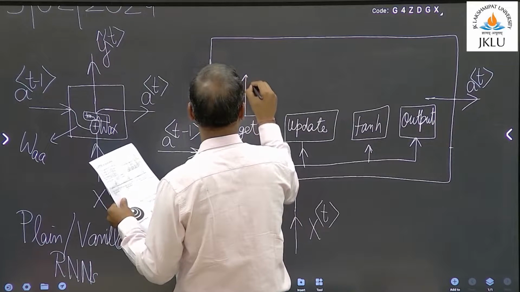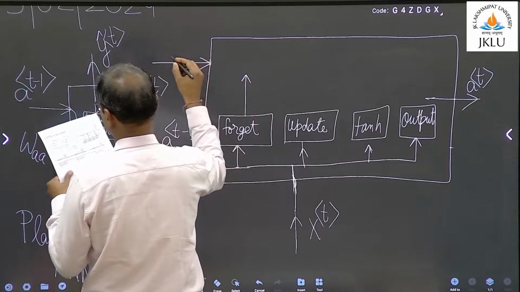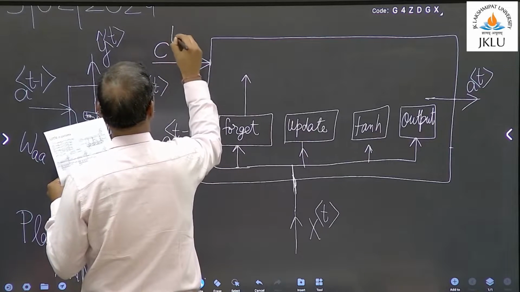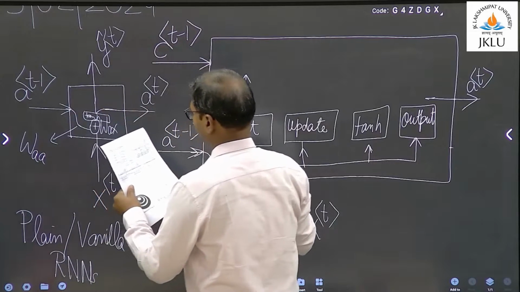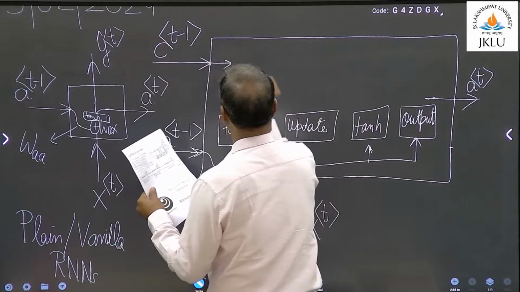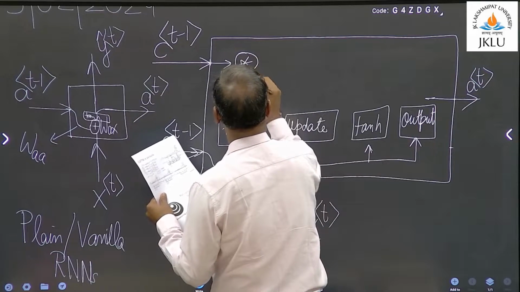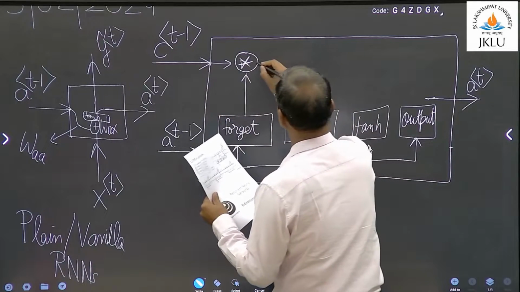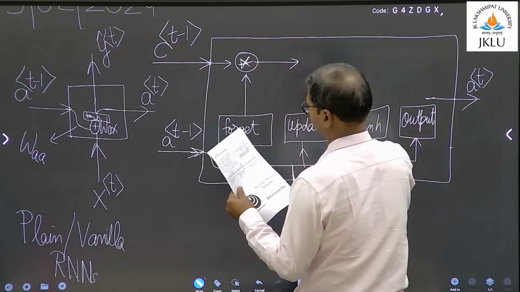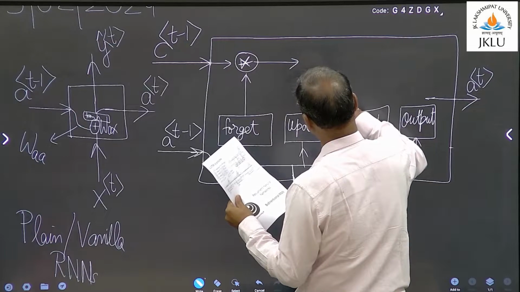This goes up here. So there is yet another quantity in LSTMs called C of t minus 1. You take this C of t minus 1, do an element wise multiplication. So update gate goes up.